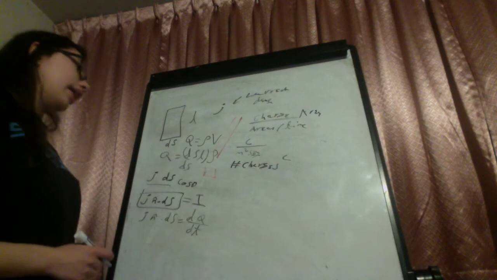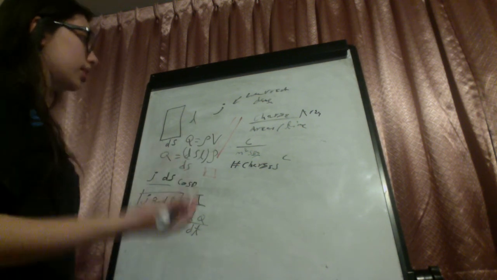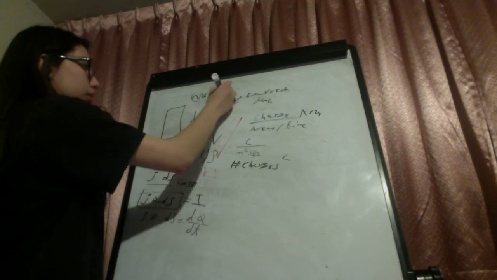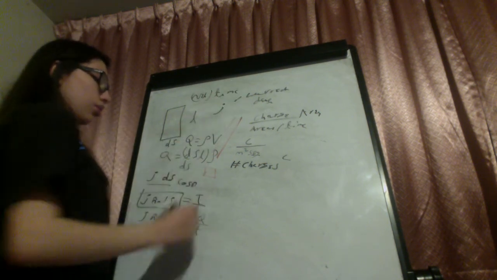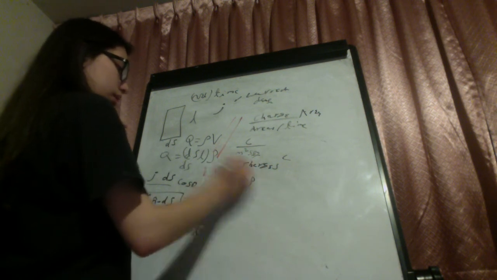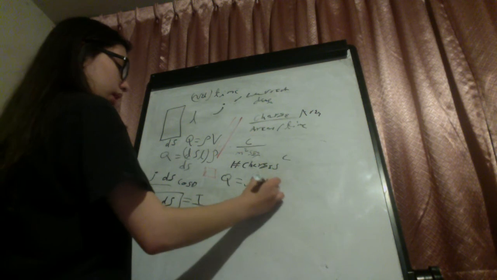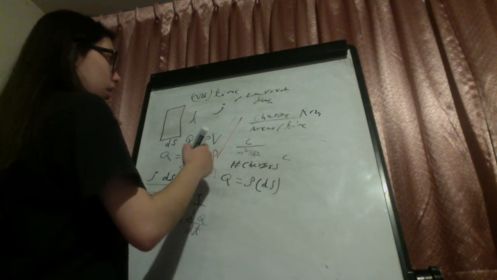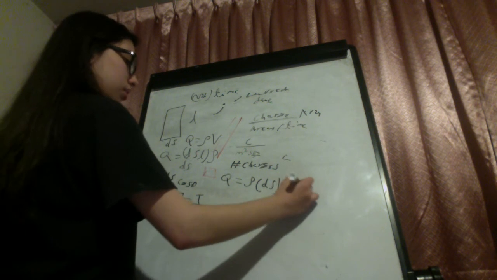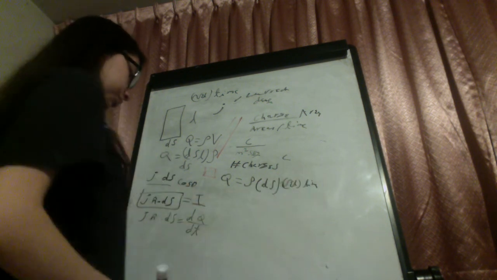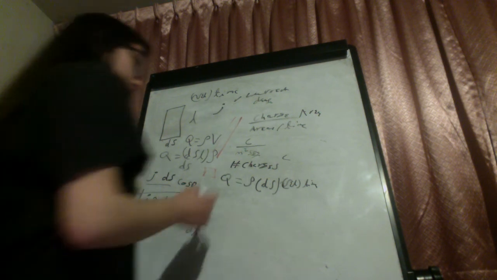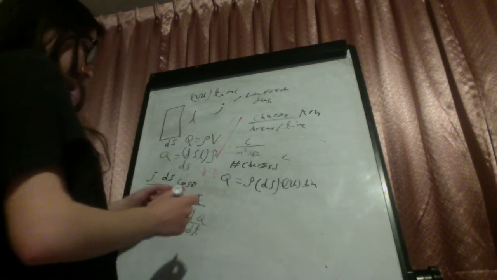Now L, or distance, is the same as velocity multiplied by time. So I have that Q is equal to density times dS, and L is velocity times time. So the current is dq in dt.